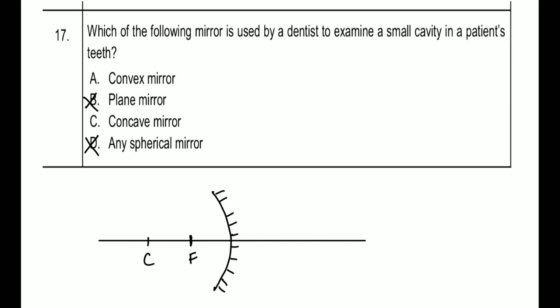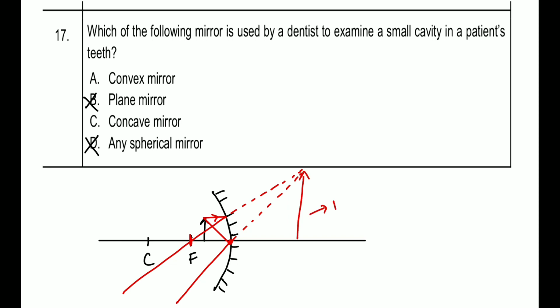If my object is placed between my pole and my focus, then obviously the image will be something like this, and the image will be enlarged and it will be inside the mirror.